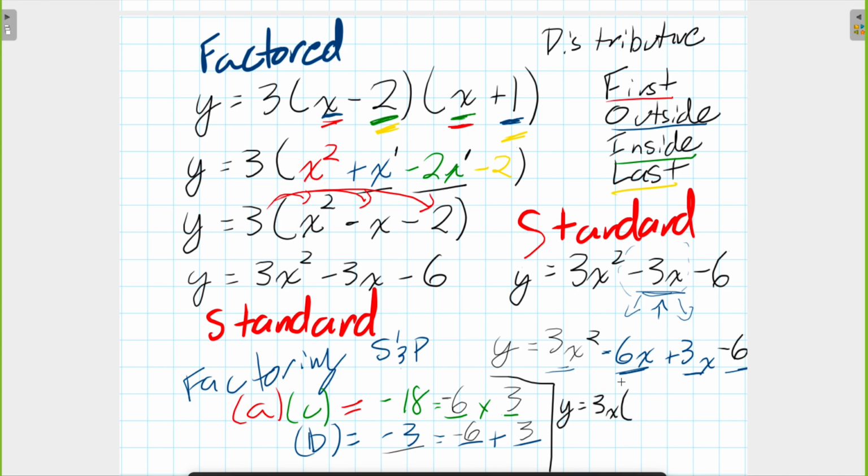When I take out 3x, 3x squared divided by 3x leaves just x, and -6x divided by 3x leaves -2.